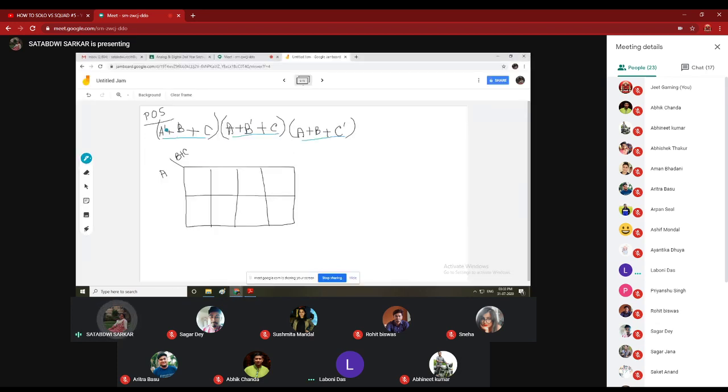A bar is complemented, so it is 1, and B and C are not complemented, so they are 0. The second one is 0 1 0, and for the third, A and B are not complemented so they are 0, and C is complemented so it is 1. These are the values we get from this POS expression.